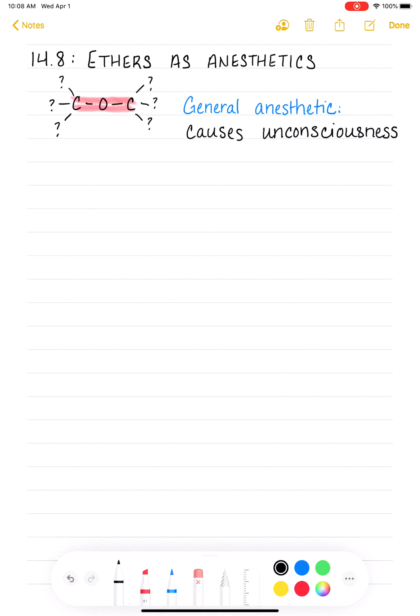Unconsciousness is really the primary feature of general anesthesia, but it also causes pain relief.